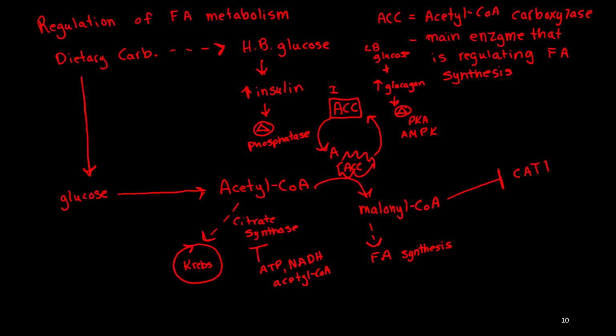So CAT1 is taking the fatty acid CoA and substituting that. This goes into the mitochondria then, and then it immediately uses CAT2 to take the CoA and put it back on and get rid of the carnitine.